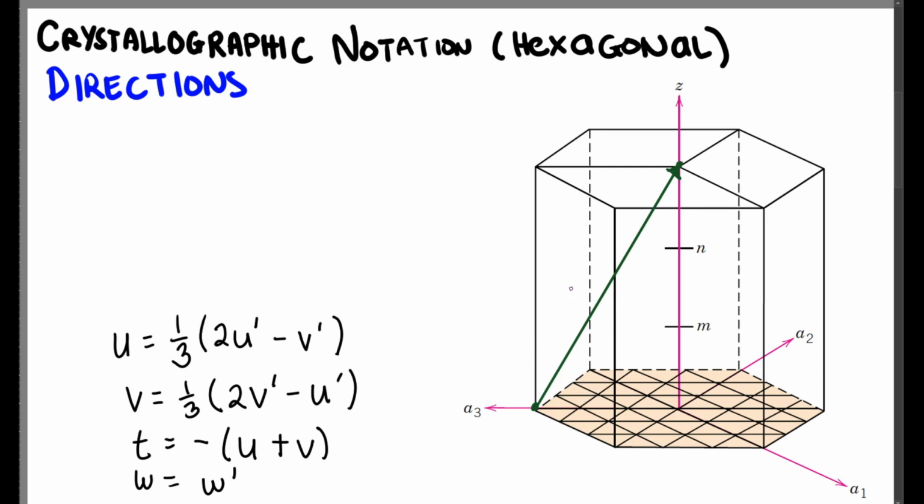Well, basically, that's how I do things. So we need to get the 3-coordinate index for this one using A1, A2, and the z-axis. So essentially, we're looking for u prime, v prime, and w prime. And then we'll convert it to the u, v, t, w.